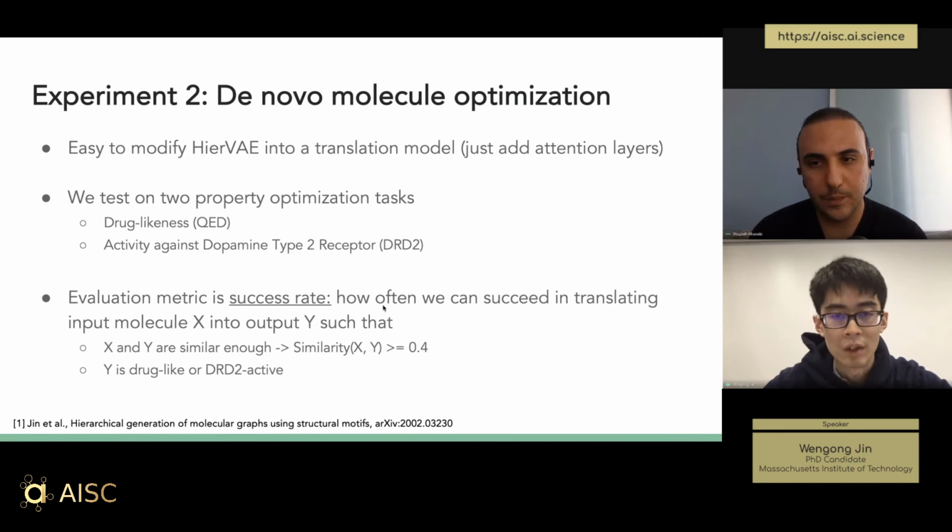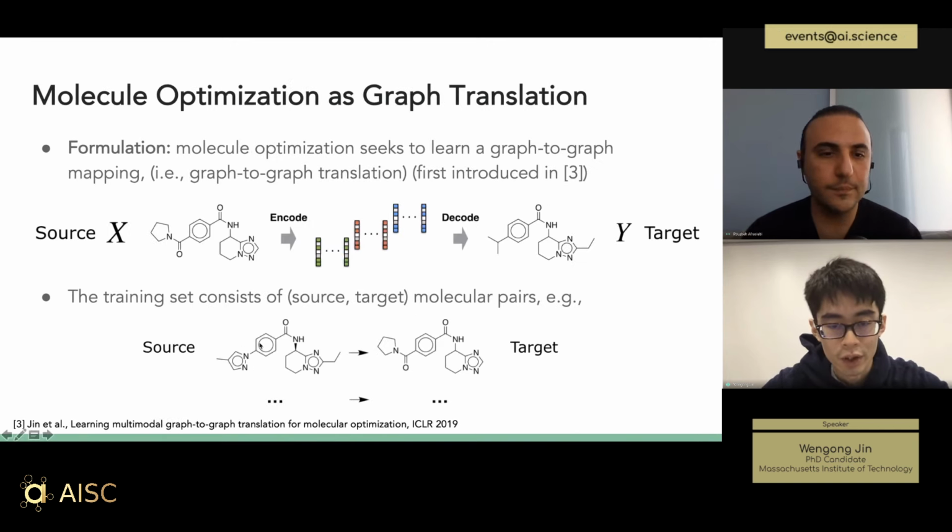I see. So this information is actually inherently provided in the training data. If you consider this training set of source target molecules, you will have a starting molecule which has a poor, let's say, drug likeness, and the target molecule that looks similar to the input will have a high drug likeness, and that's how the properties are introduced into the model.